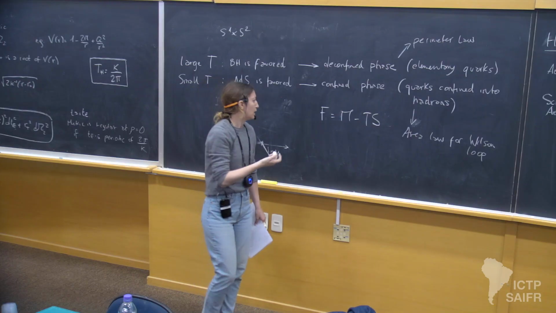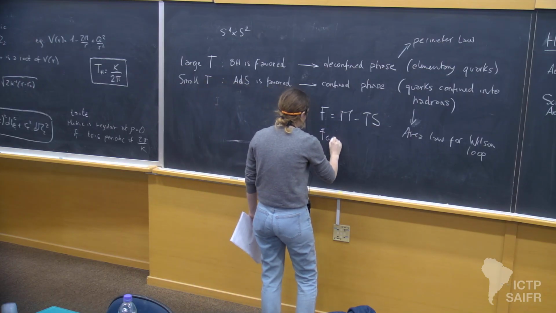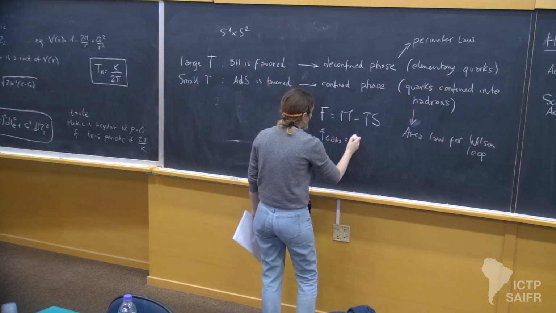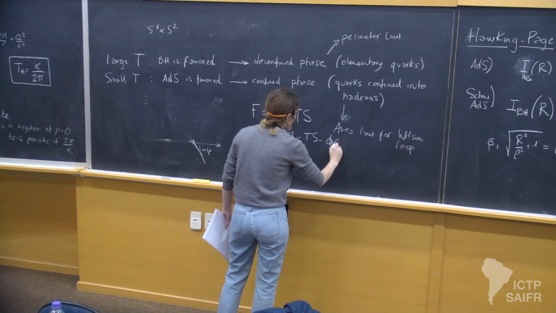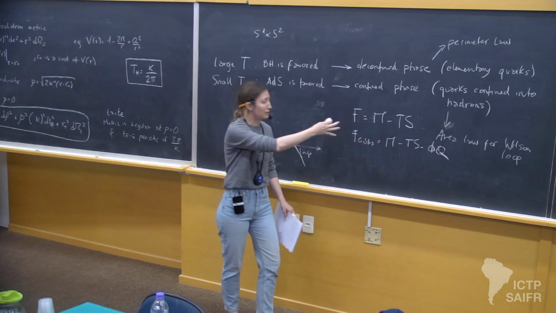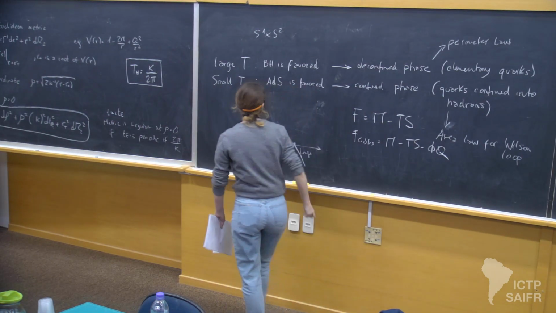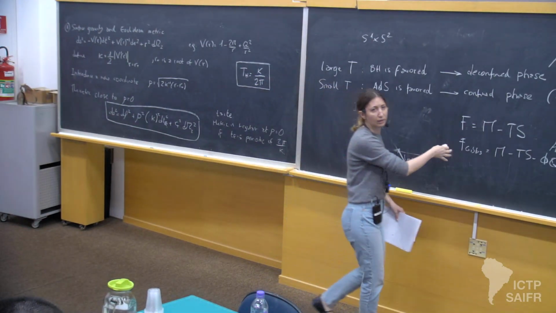I'm being very sloppy here, but the function that you would need to extremize would be this one, minus phi q. And you will have a similar picture to the one that I just erased here. We can do it in the exercise; I think it's pretty straightforward.